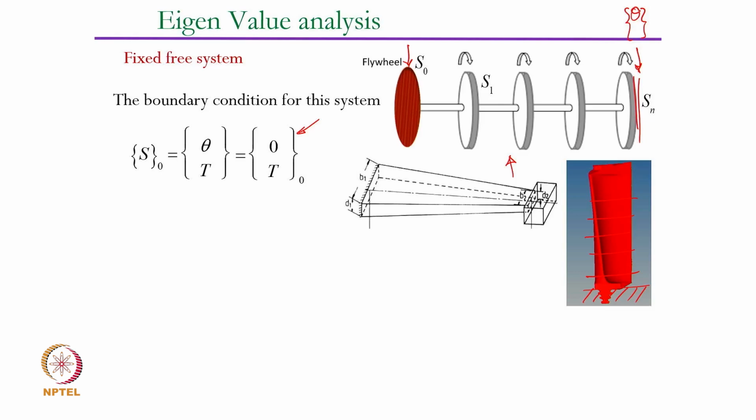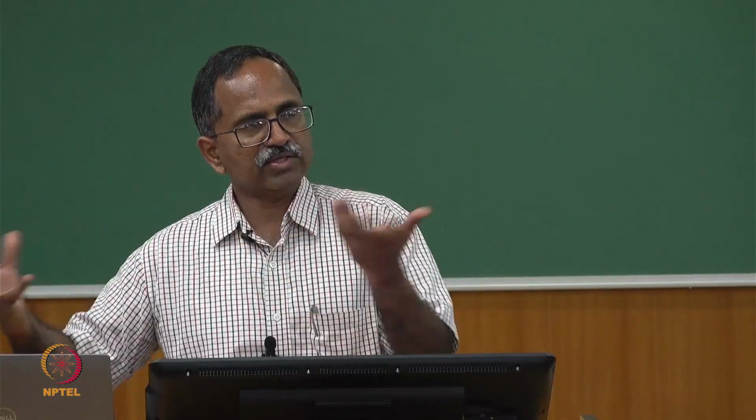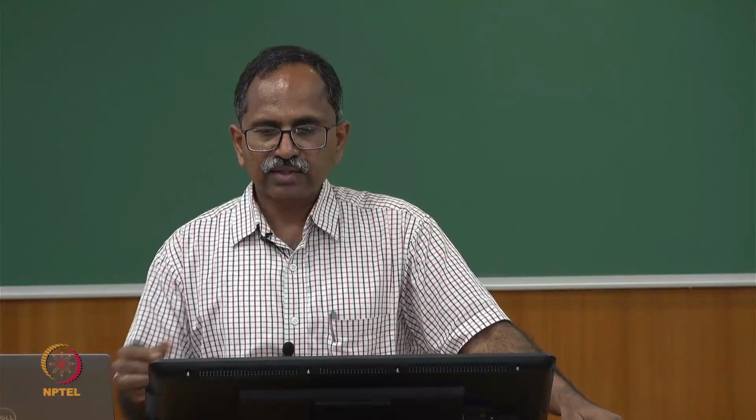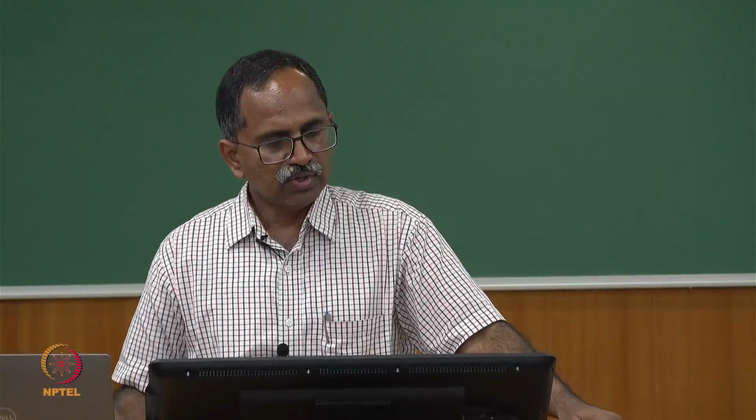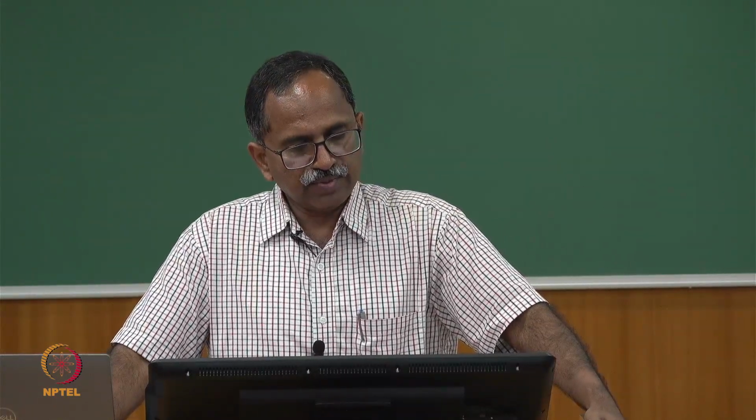When it vibrates, it will twist, it will move. What about the twisting moment or torque at the free end? It's a free end, so there is no torque acting, right? That is going to be 0. So now you have Sn formulated with torque being 0 at the free end, and you have theta and 0 as the two state variables defining the station n.